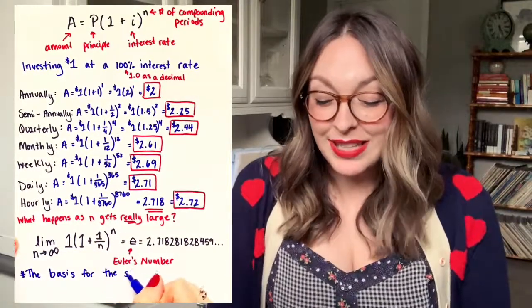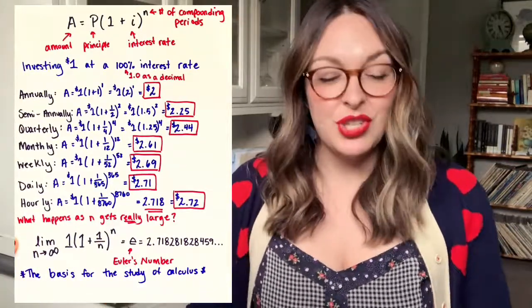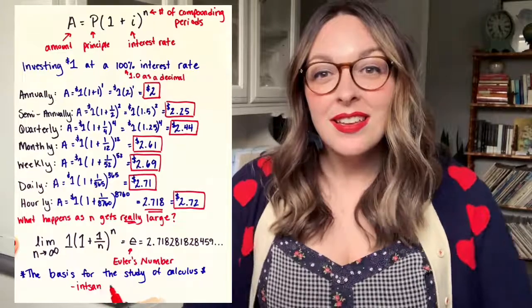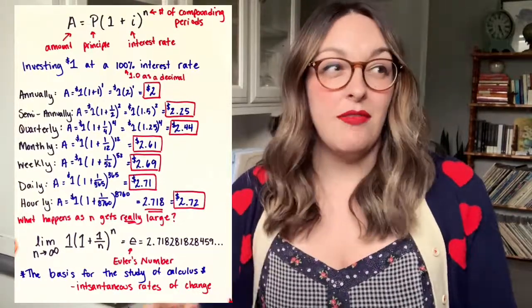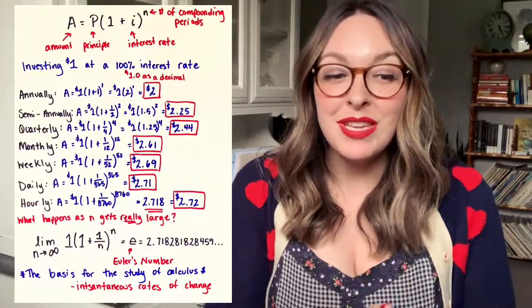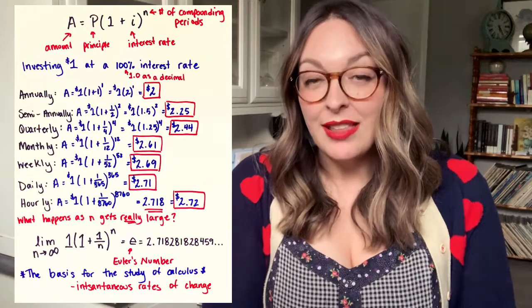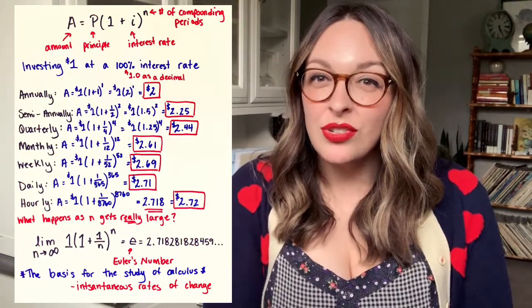Because what is calculus other than the study of instantaneous rates of change? So if something is changing every single moment, every single second, every single millisecond, every single nanosecond, the smallest amount of time that you can think of, that's what calculus is, and that's what it studies: instantaneous rates of change.